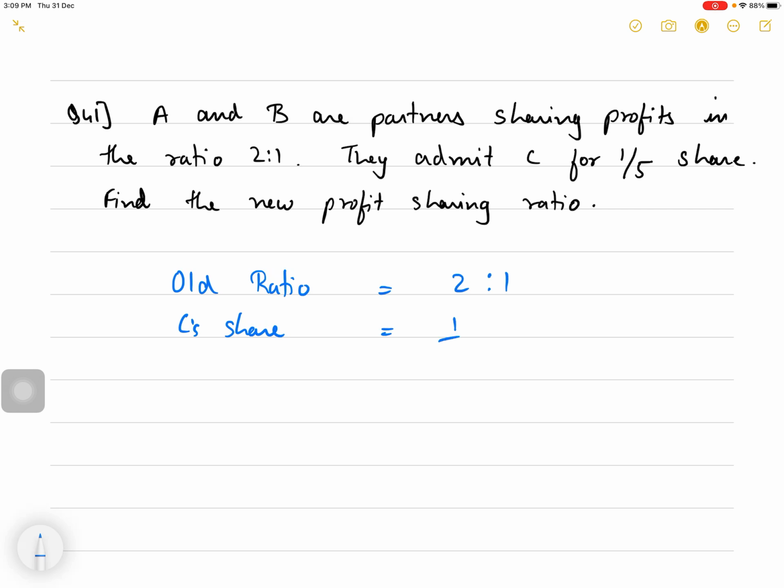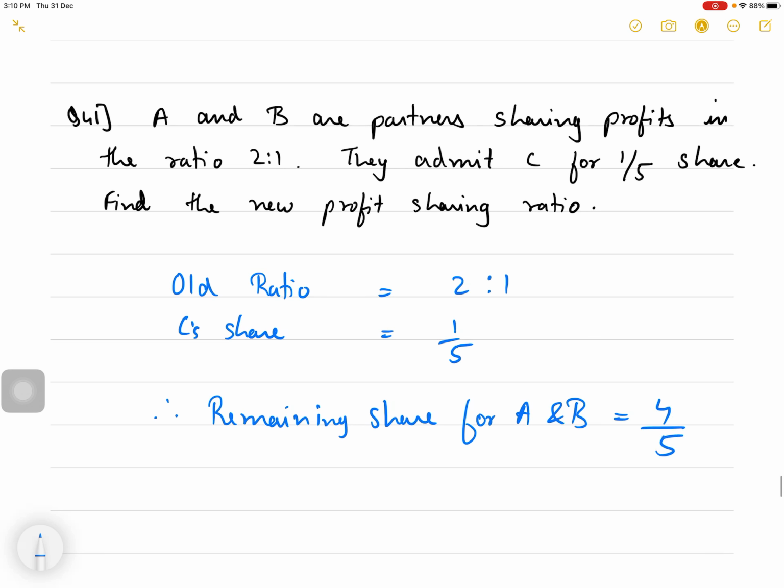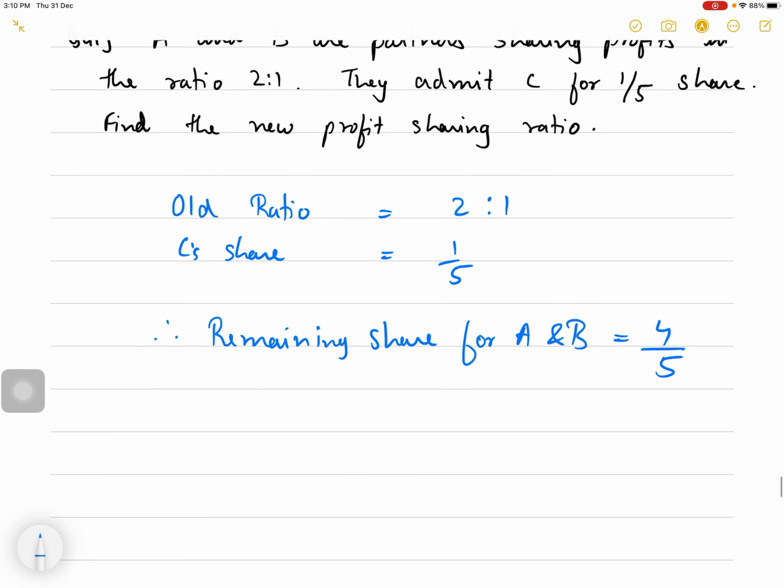C's share is equal to 1/5, so the remaining share for A and B is 4/5, right?